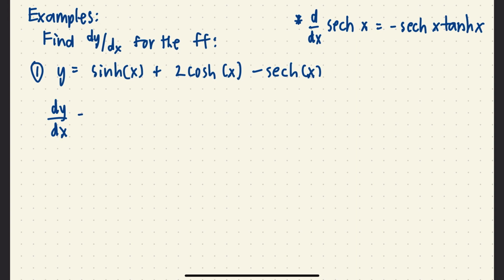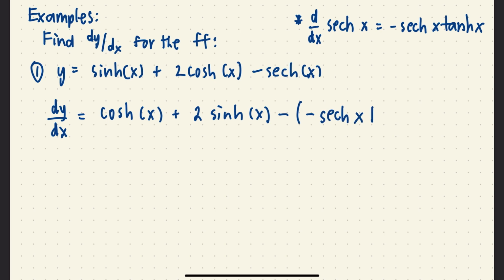So we get the derivative for each term since they are added and subtracted. We get the derivative of your hyperbolic sine, which is simply hyperbolic cosine of x. Plus, we put 2 outside and then derive the hyperbolic cosine, which is hyperbolic sine of x. Minus the derivative of your hyperbolic secant, which is negative. Take note, it's minus the negative of your hyperbolic secant times the hyperbolic tangent.